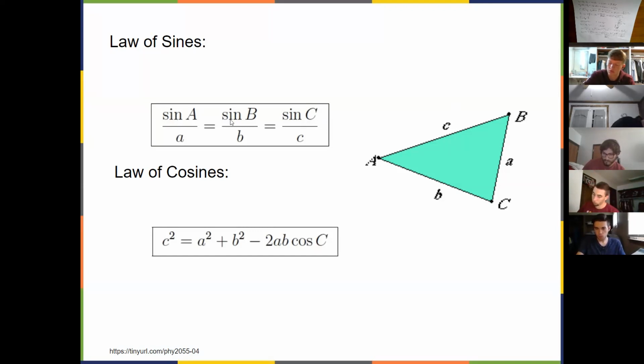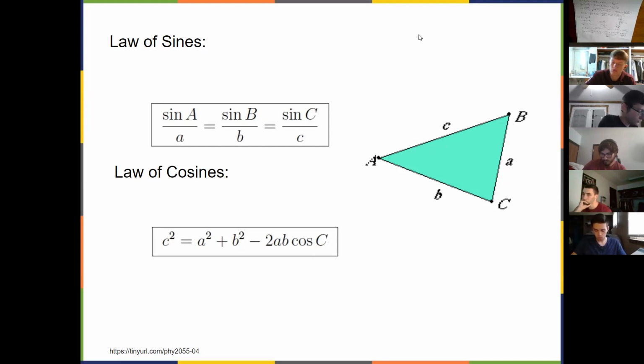Most of the time, you just need two sides of the equation. You can set sine A over a equal to sine B over b, or sine A over a equal to sine C over c, or sine B over b equal to sine C over c. The law of cosines says c squared, the opposite side squared, equals a squared plus b squared minus 2 times a times b times cosine C. That's the law of cosines.